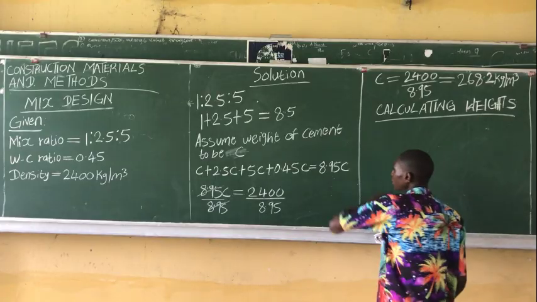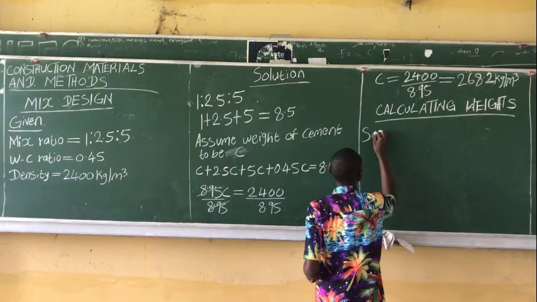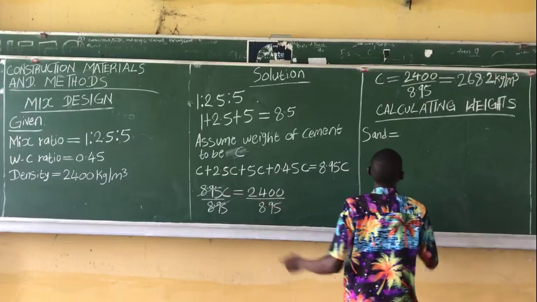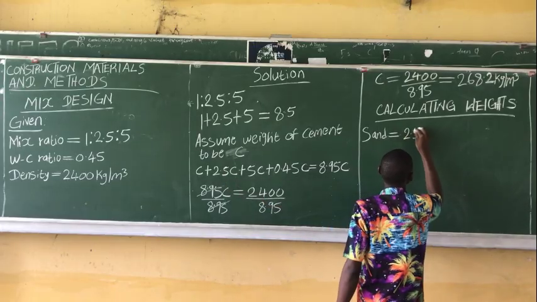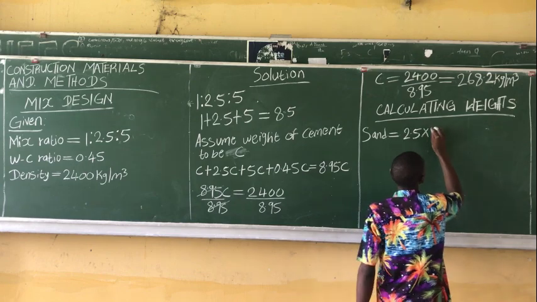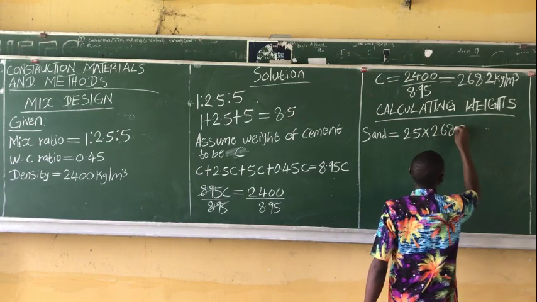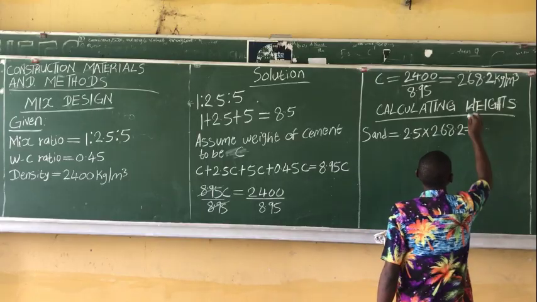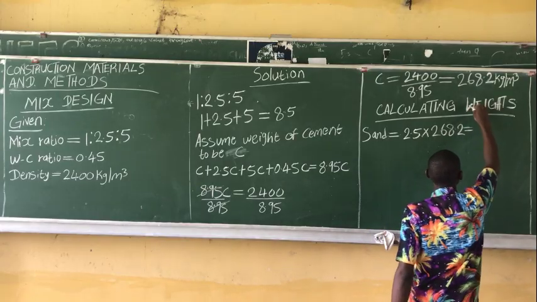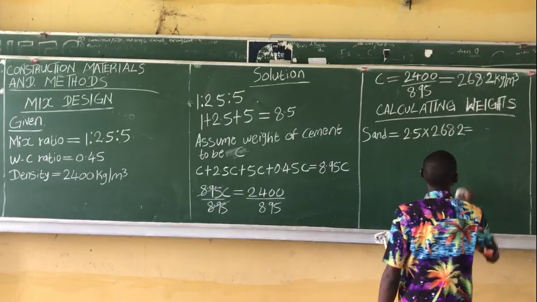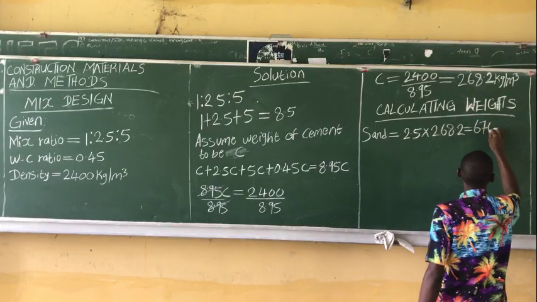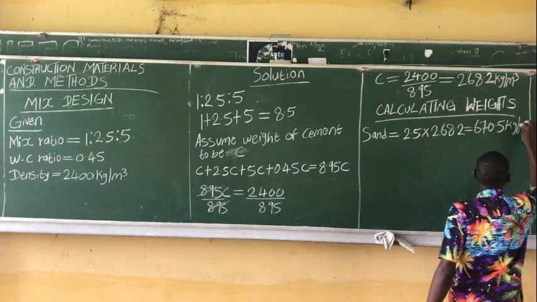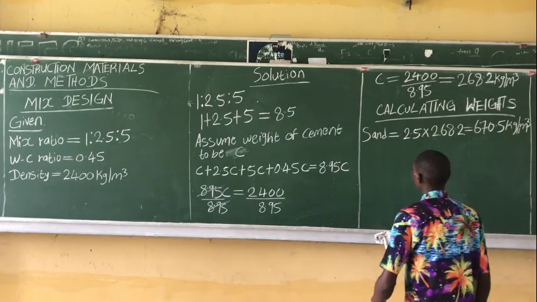Calculating the weight, sand is equal to 2.5C, which is 2.5 times 268.2. That will give us 670.5 kilogram per meter cube. That's the weight of our sand.